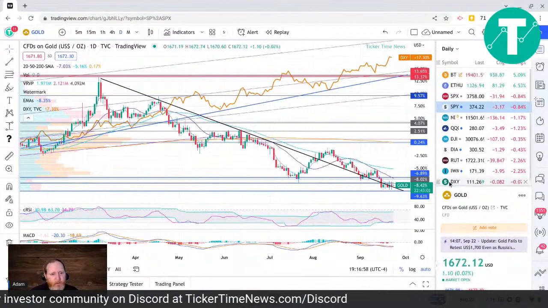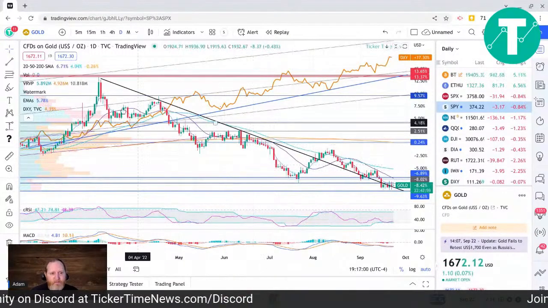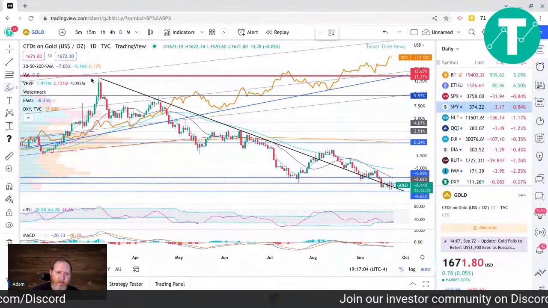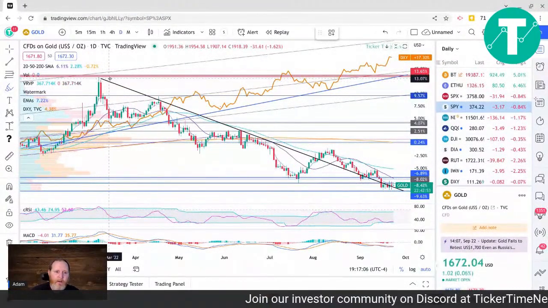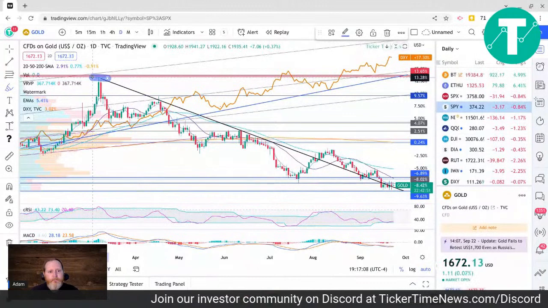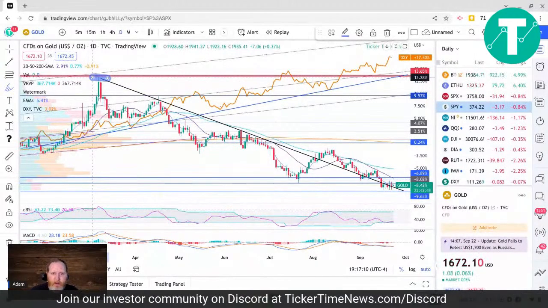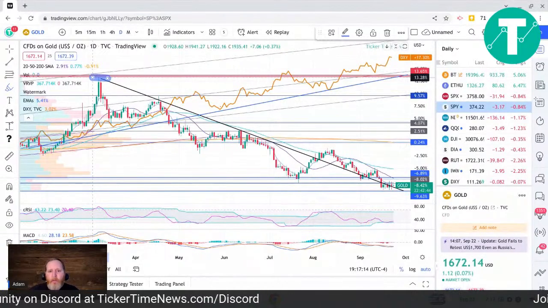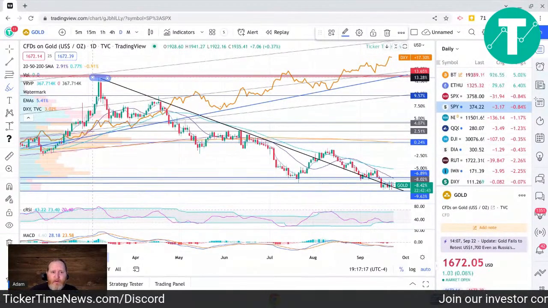Number one, gold reached its peak back here in March 2022, when Russia invaded Ukraine. Gold skyrocketed in February all the way up to its highs for 2022.